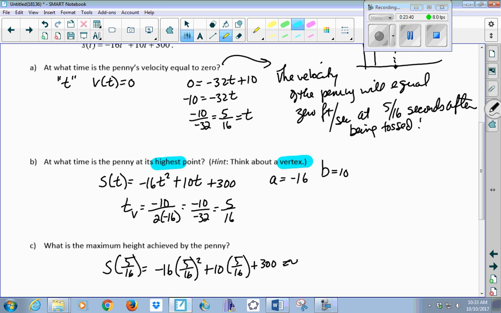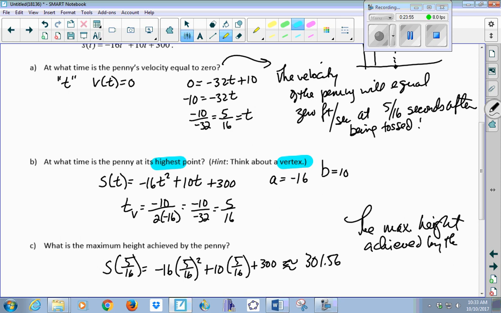So this is approximately, when you do all the arithmetic out, 301.56. So the maximum height achieved by the penny is approximately 301.56 feet.